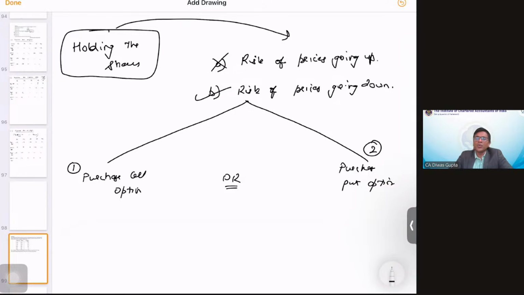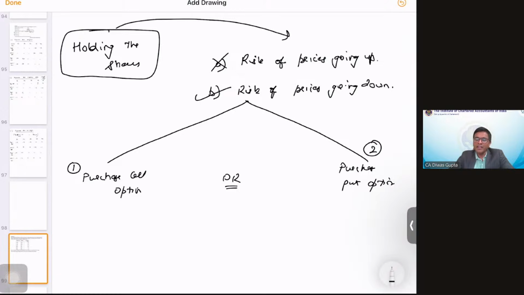If I have to devise a strategy in which I will have to gain in case the prices go down, which option should I take? Call or put? Put option. No, we'll have to take one, right? Yes, Chitra, you're right. Saminathan, you're right.